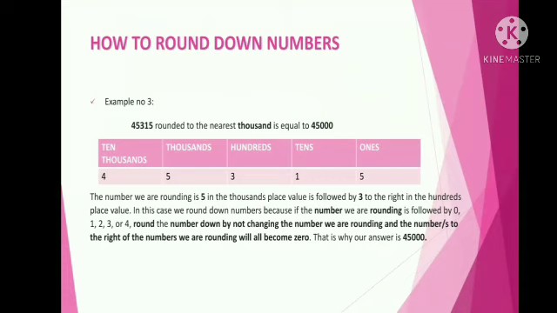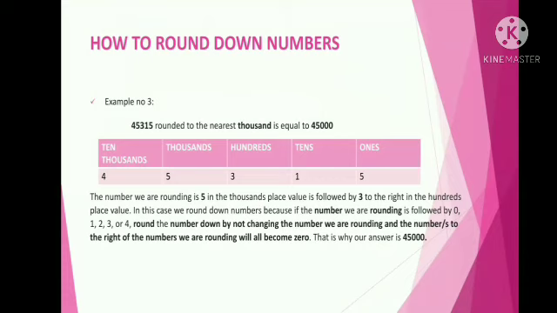In this case, we round down because in our rule, if the number we are rounding is followed by 0, 1, 2, 3, or 4, round the number down by not changing the number we are rounding.